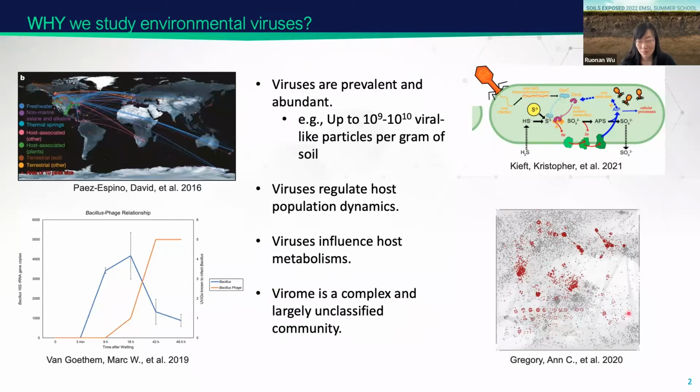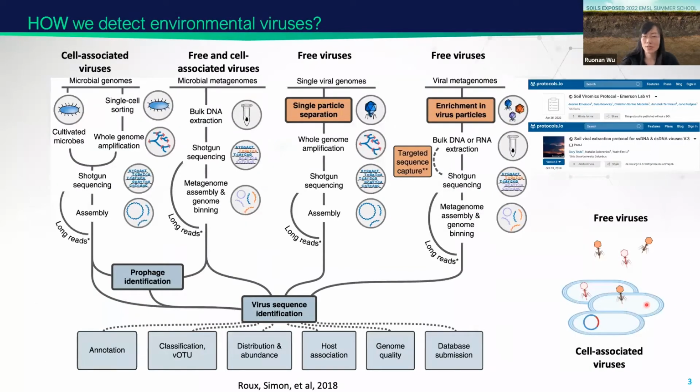Here is an example of a gut virome, which should be a relatively better characterized system compared to soil. Each node in this Bayesian network represents a detected viral genome, and only the nodes highlighted in red were classified. So we still do not know much about the virome within a system such as the gut.